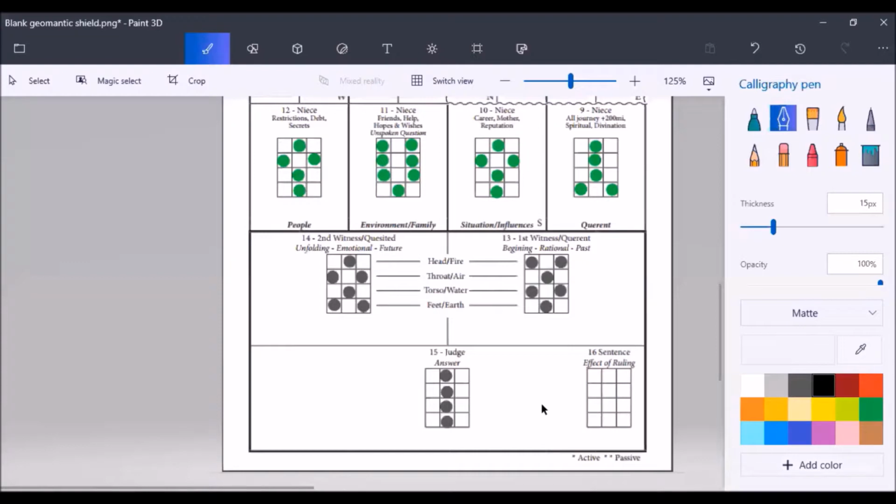So, for example, you may not have gotten the raise, but you did get the bonus. You have an unfavorable judge and two favorable witnesses. It's almost as if the witnesses themselves become a little bit more favorable.